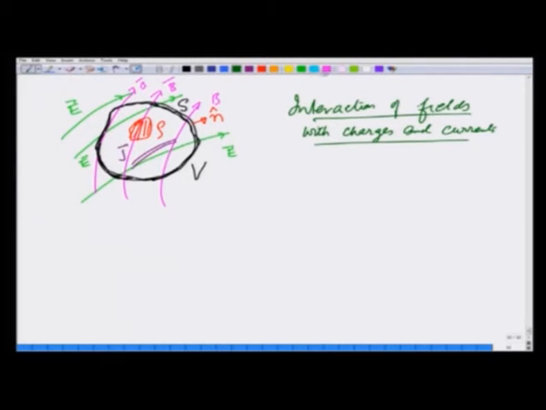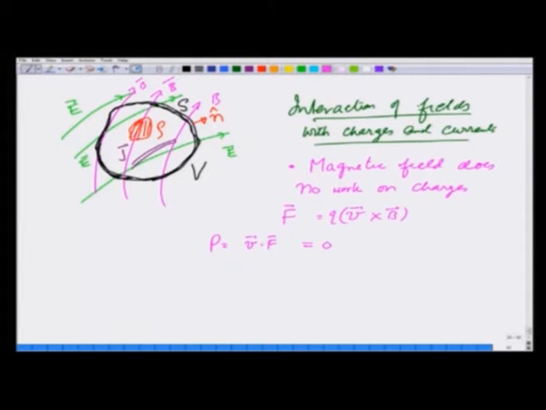In this, we must keep in mind that number 1, magnetic field does no work on charges, because the force due to magnetic field is q times V cross B, and the power, which is V dot F, therefore is 0. So, the only work that is done on these charges and currents is by the electric field.